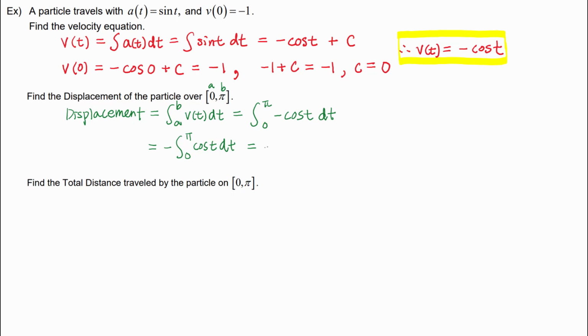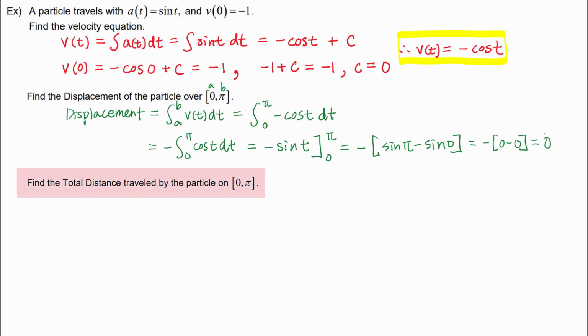So I get negative sine t going from 0 to pi, and that would be negative, sine of pi minus the sine of 0. But what is the sine of pi? 0. What's the sine of 0? 0. So this will be negative 0 minus 0, which is equal to 0.